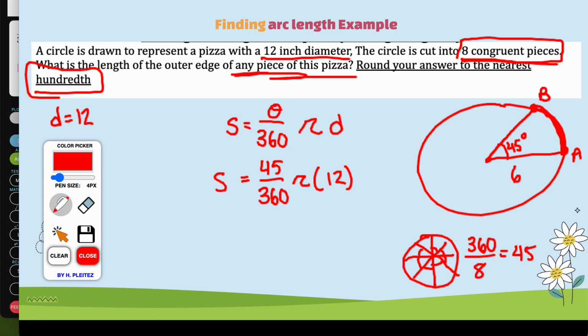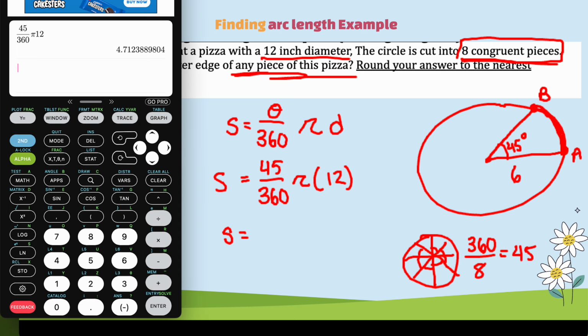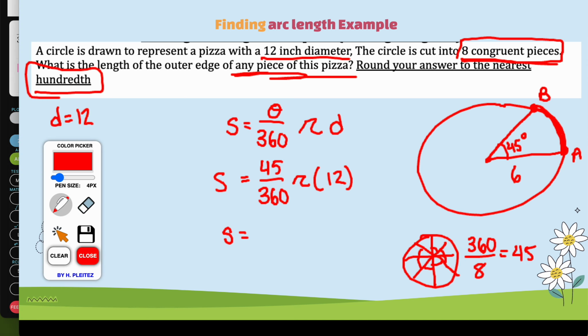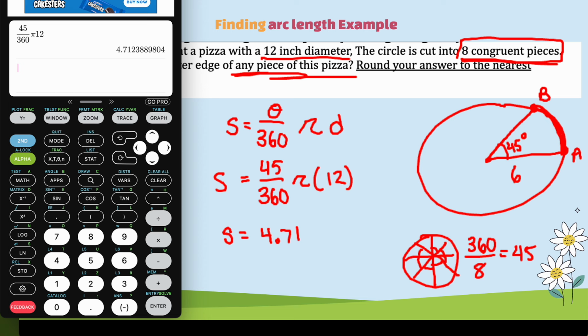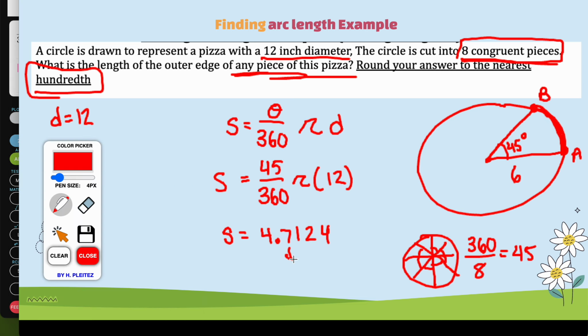So we get that our arc length, and we're rounding to the nearest hundredth, which means we want 2 places after the decimal. I usually write it longer. I'll write 4.7124, and then I will round it. So S equals 4.71 inches.